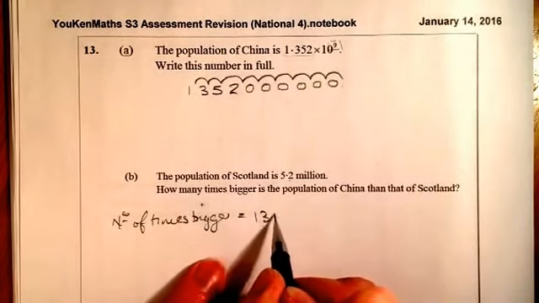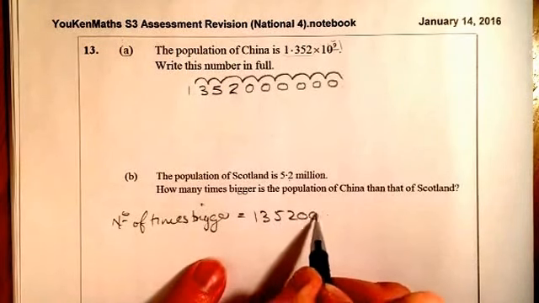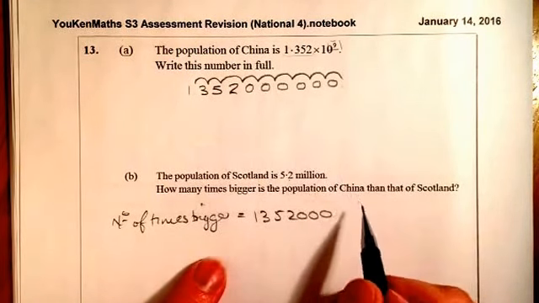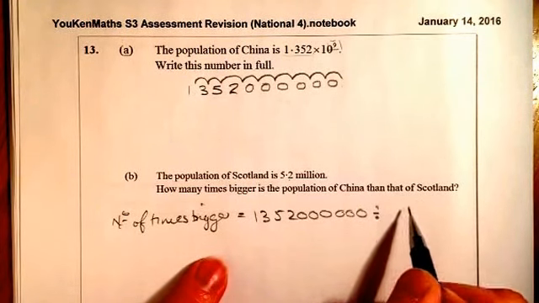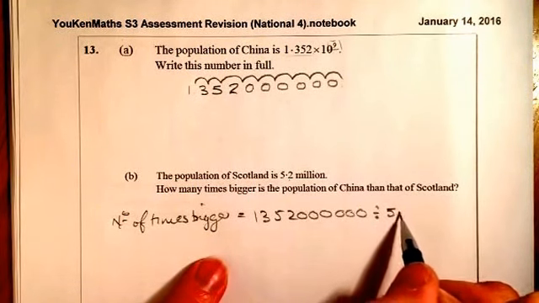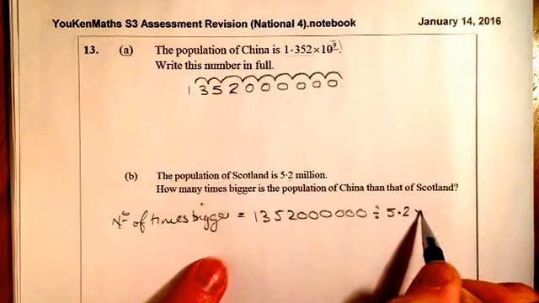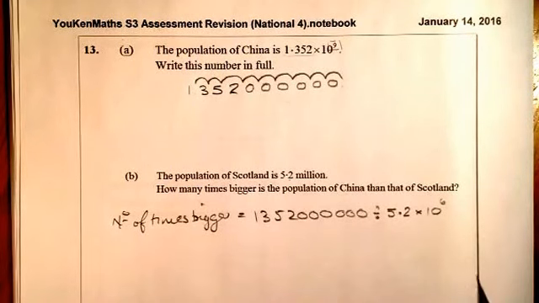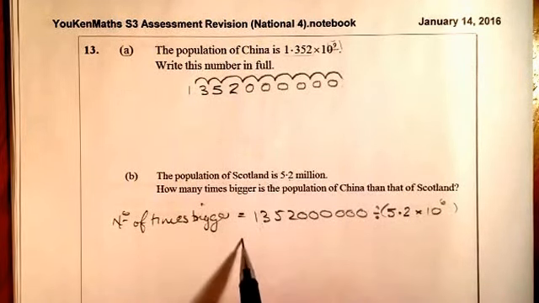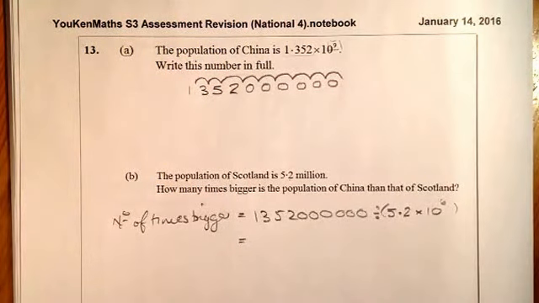So I've got 13,520,000, say 3 zeros and another 3 zeros, and I'll divide that by 5.2, and I'm going to write million in that type of form there. So I could have used this in that form also, and what I could have done is just divided that out. So let's see what we can do.